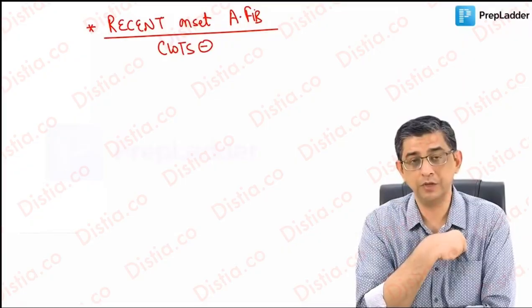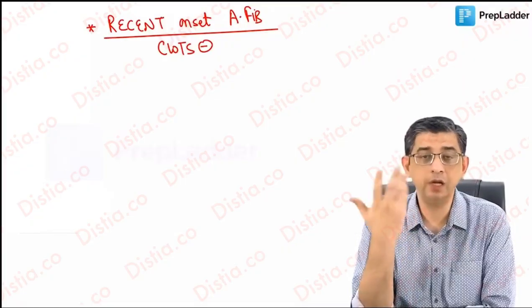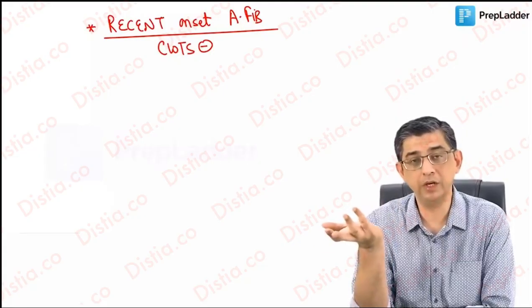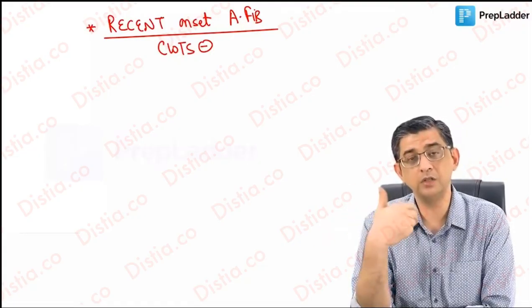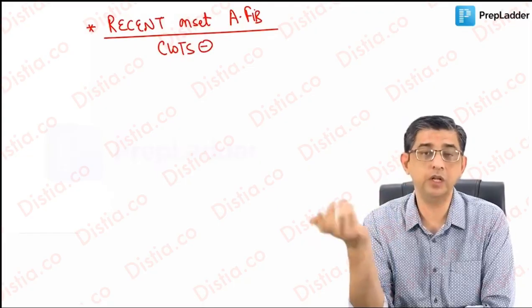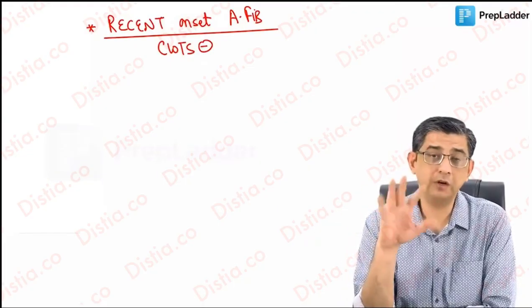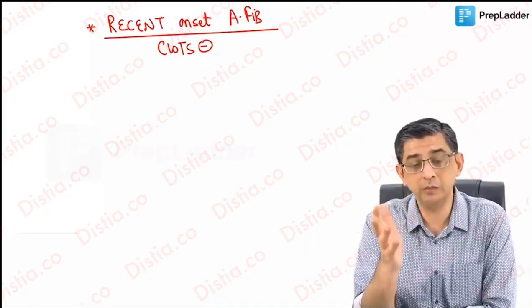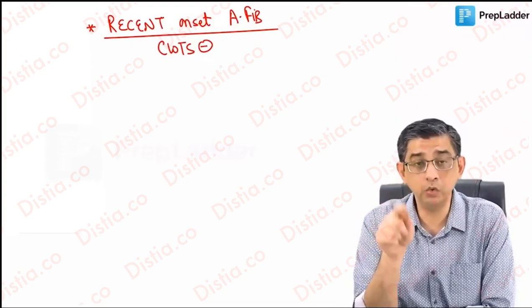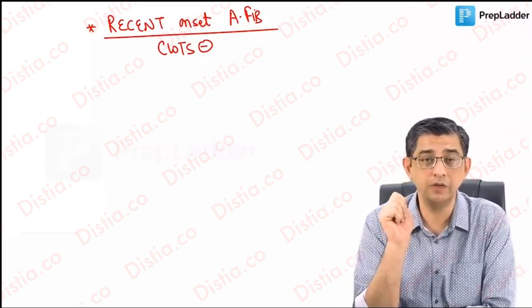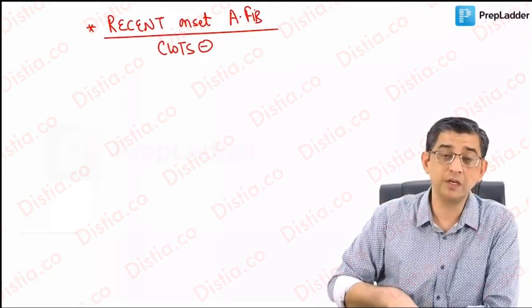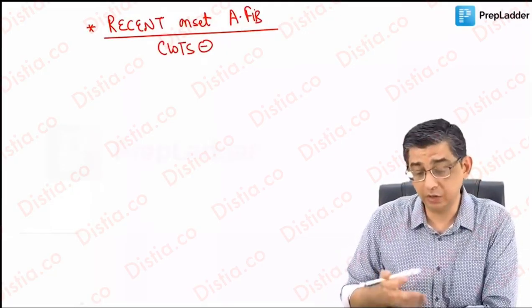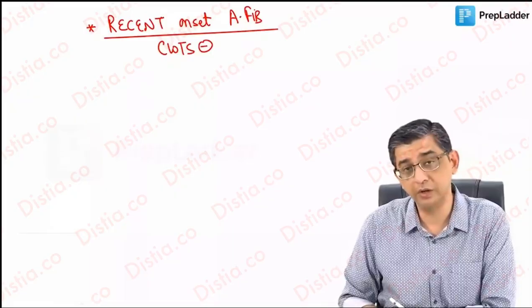If my transesophageal echo is normal because I am a healthy person and I do not have atrial fibrillation, it means that I do not have clots. But somebody who has atrial fibrillation, even if transesophageal echo is normal, there's a possibility that clots may be there but too small to be seen by echocardiography. So you cannot just rely on transesophageal echocardiography only to demonstrate the clots.